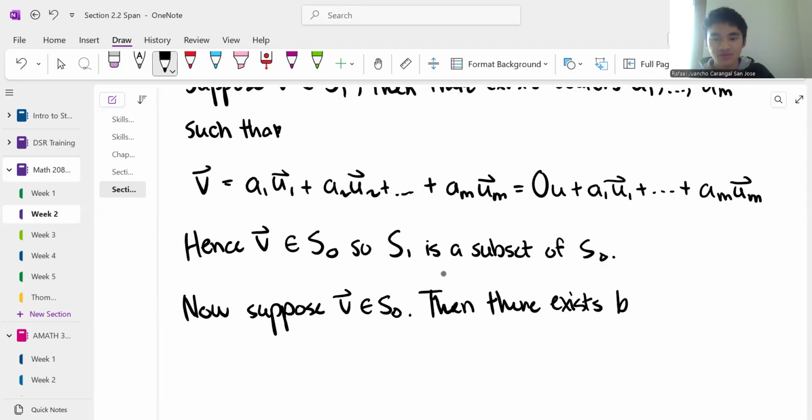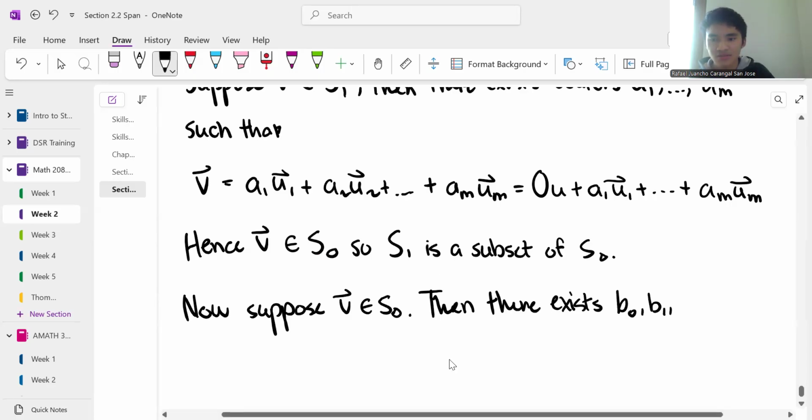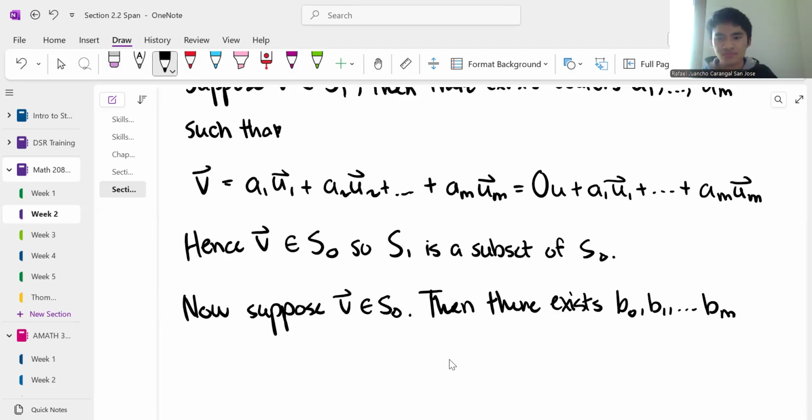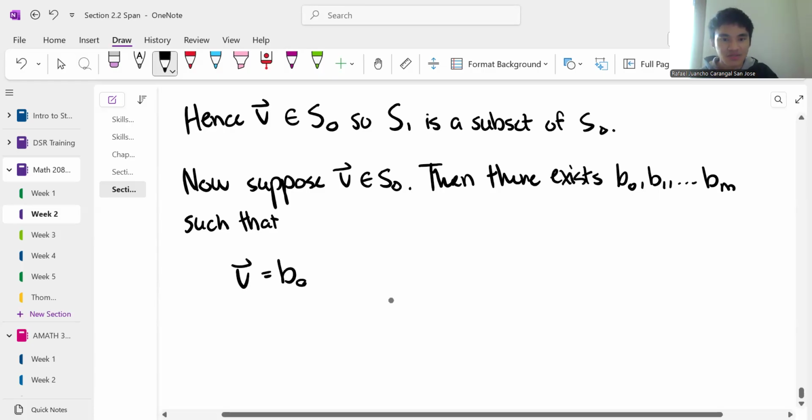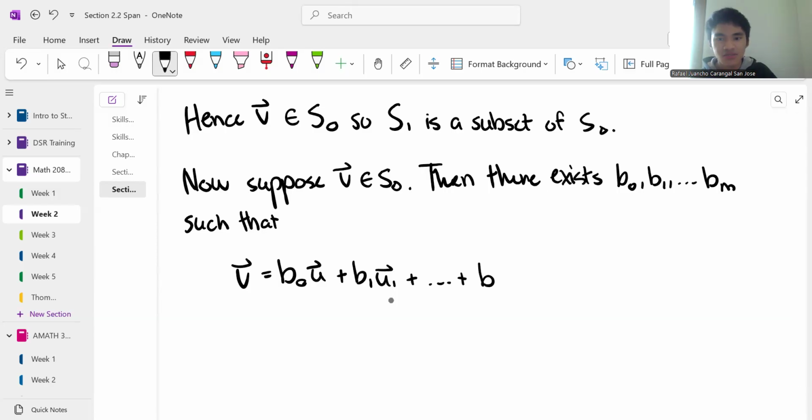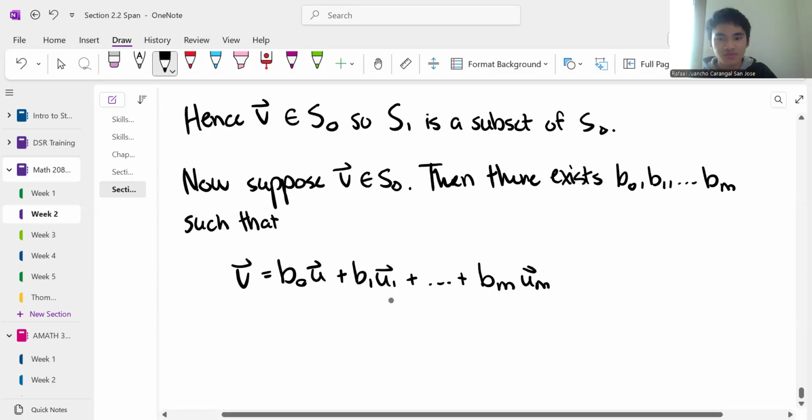Let's do b naught, b1, all the way to bm, such that we can write a linear combination of v as b naught u plus b1 u sub 1 all the way to bm u sub m.